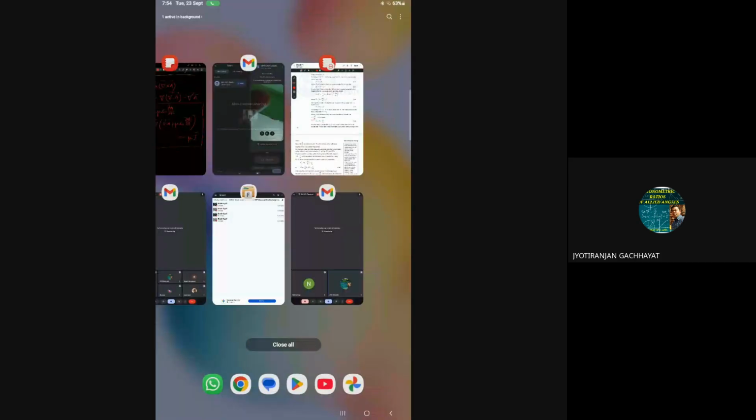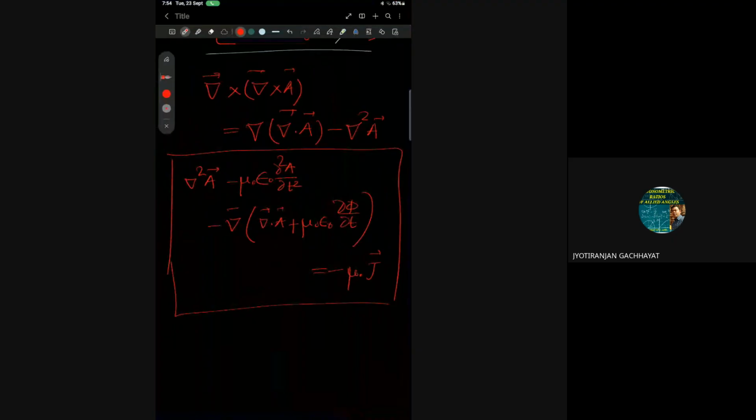Okay. Sir, unique means B is equal to del cross A. Yeah, let me write it down, so then it will be clear. Suppose what we wrote is B is equal to del cross A. Let A prime be equal to A vector plus the gradient of a scalar function chi.